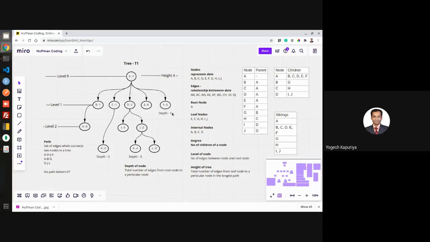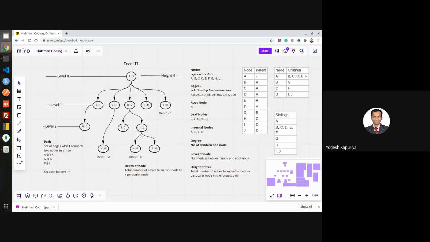So that is the difference. Path always has to be from root to leaf. Anything between root and leaf, you can't go over here and then come back. So CAD cannot be a path, right? So that is to be understood.